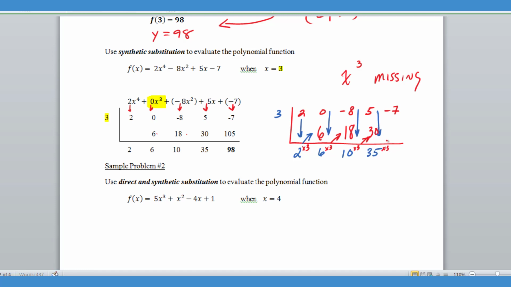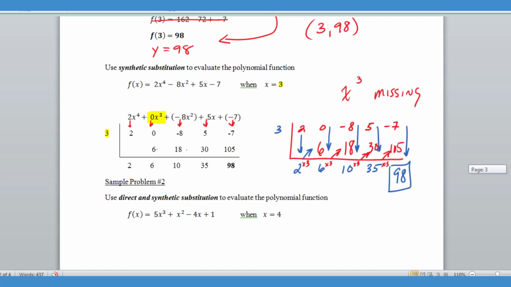Last time here, we multiply this times 3, move it up, and that simply gives us 105. The very last step here is to combine these terms, and we get a 98. Now there's nothing left to move it to, so we don't multiply this by 3, we just simply stop right there.